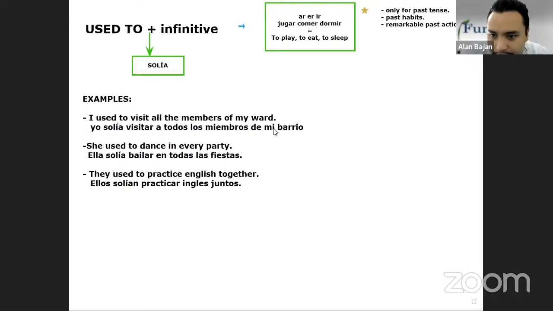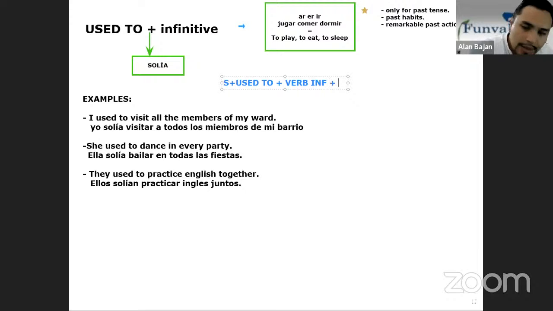So basically here we have the subject. The structure is the following. We have the subject plus the expression used to plus the verb in infinitive plus the complement.